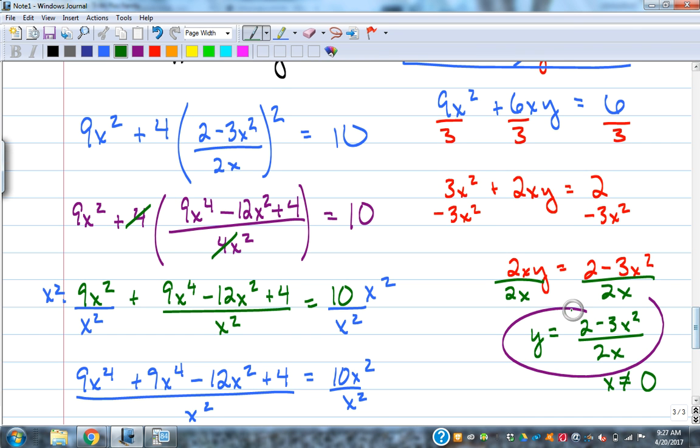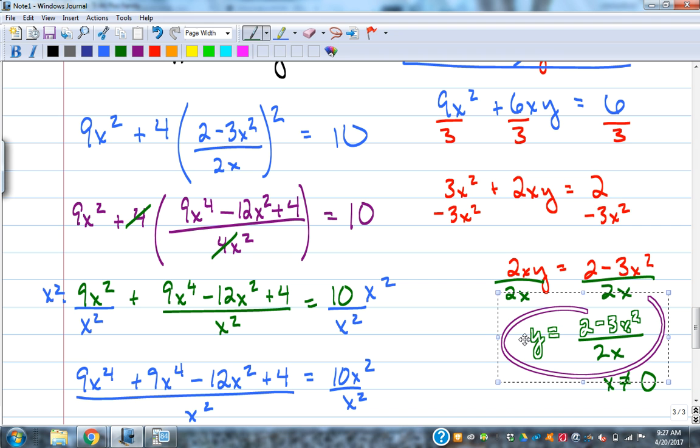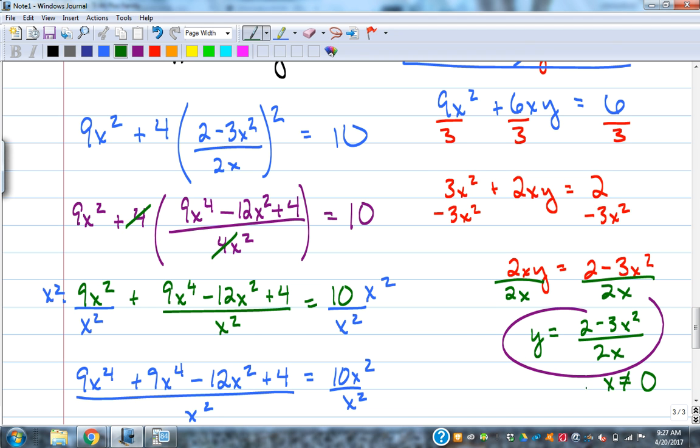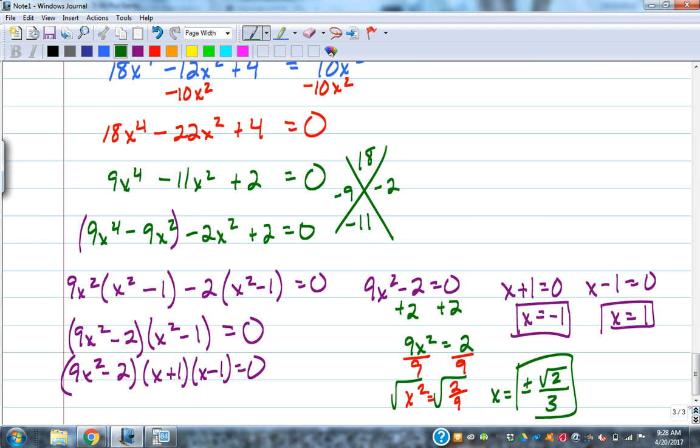All right, so we're going to use this equation, y is equal to this stuff, to get our y values, because that's already got y by itself. So I'm just going to plug them in there. Notice that none of our answers were x equals 0. So that means that was okay for us to do that.